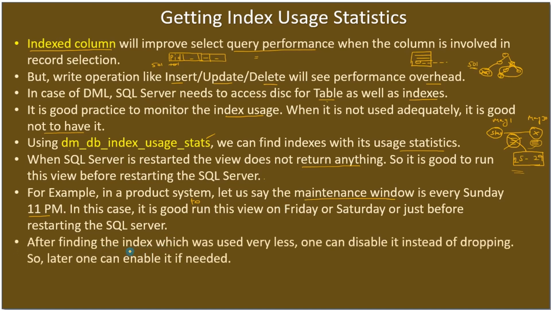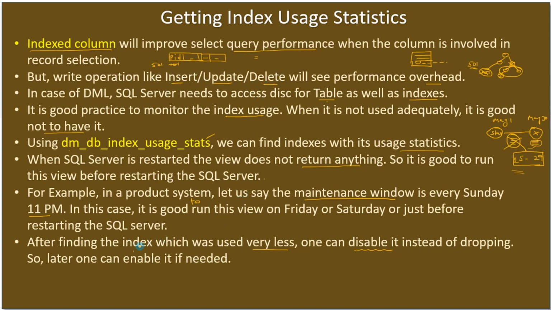After finding the index which was used very little, one can disable it instead of dropping it. Later one can enable it if needed when usage goes up, because here we are talking about insert, update, delete overhead.